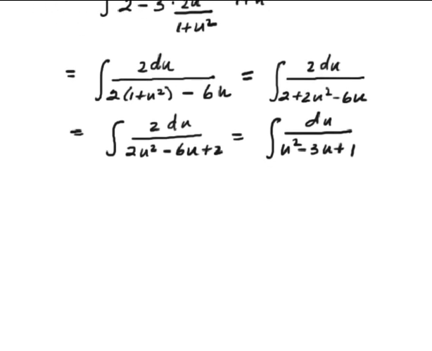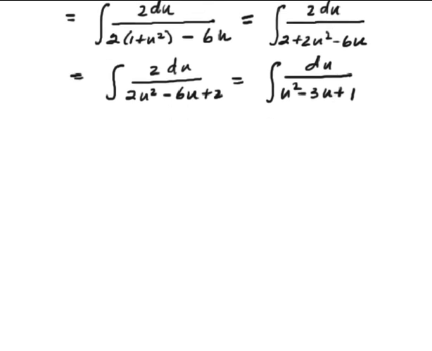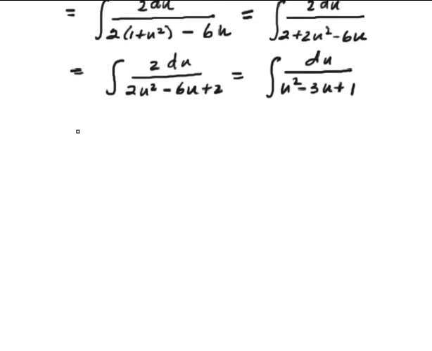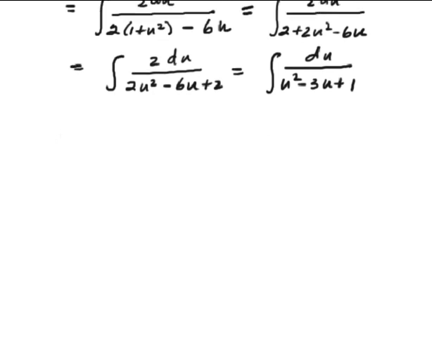All right, now we check to see if we can factor this denominator. We can't factor it easily, but we can factor it using the quadratic formula. Using the quadratic formula, u is equal to negative b plus or minus the square root of b squared minus 4ac, that's 5, over 2a. So these are our two roots.